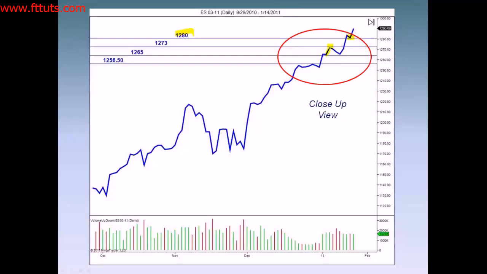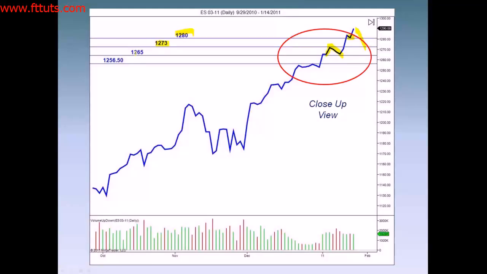As prices were coming up, it met 1273 and caused it to drop. But then they came back up again. So what was once resistance is now going to be a support level for us as prices decide to come back down. So 1273 would be my next support level down.